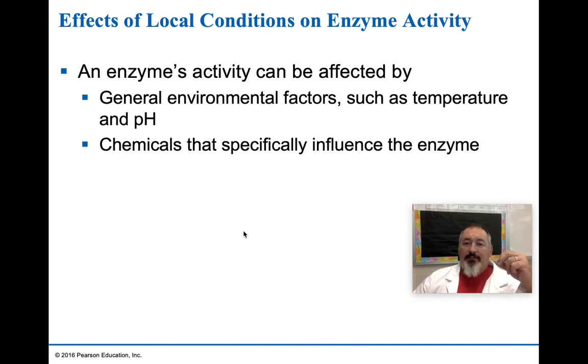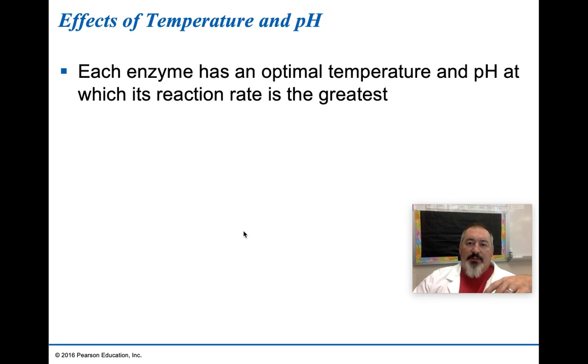So we have certain enzymes that are really going to do best at certain environmental conditions. And those ideal conditions are considered the optimal temperature and optimal pH.